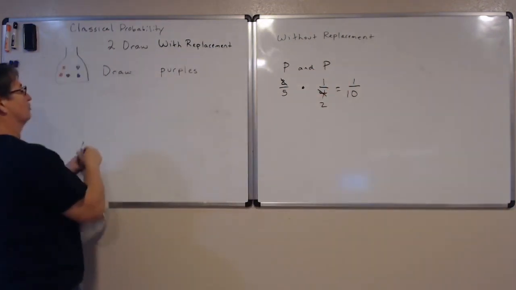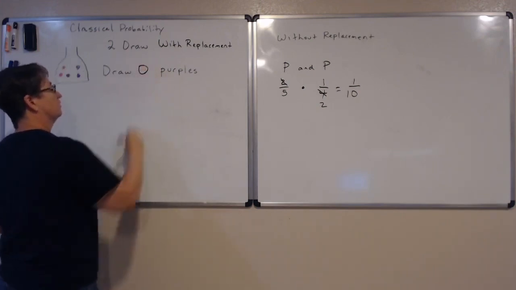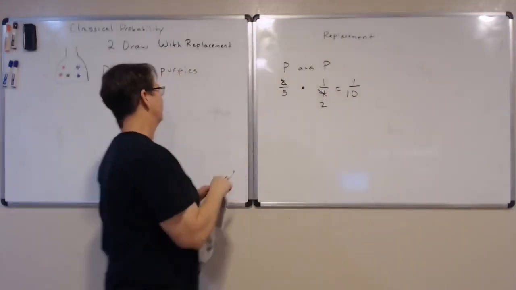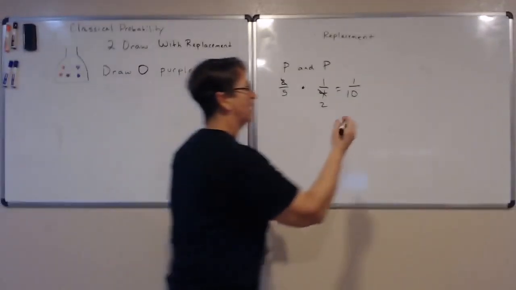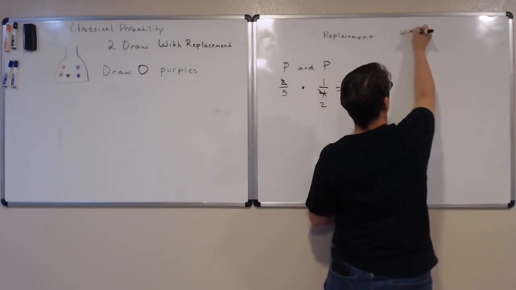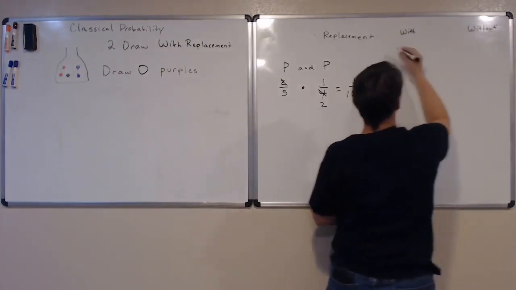Let's do no purples. Oh, maybe I should hold on to these for a second. I'm going to make myself a probability distribution table for both with and without replacement.